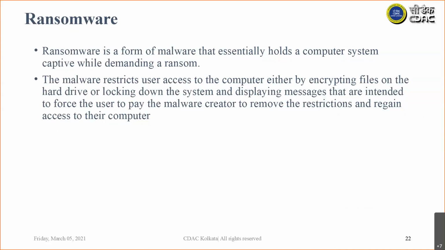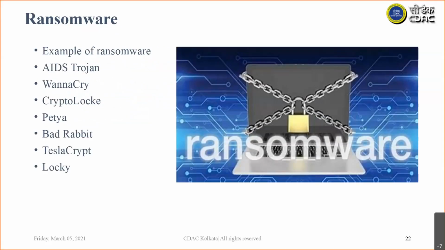Ransomware restricts user access to the computer either by encrypting files on the hard drive or locking down the system and displaying messages that are intended to force the user to pay the malware creator to remove the restrictions and regain access to their computer. Some very popular examples of ransomware are WannaCry, CryptoLocker, Petya, Bad Rabbit, TeslaCrypt, Locky, etc.